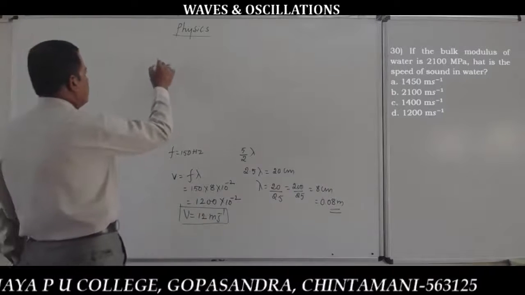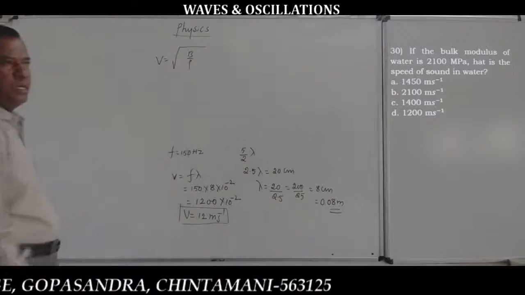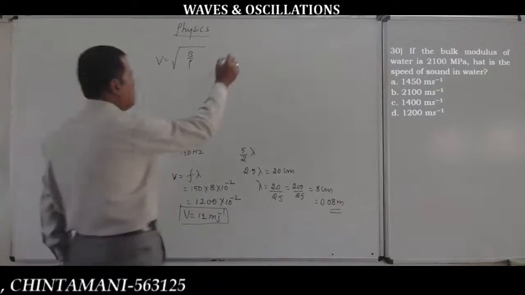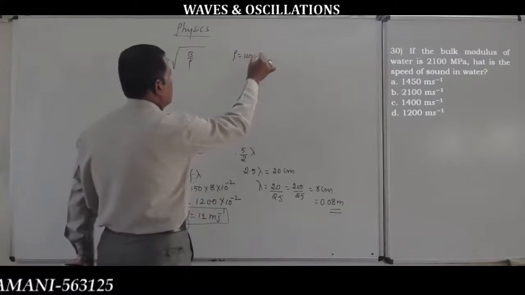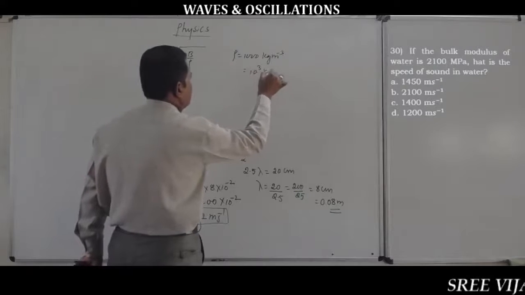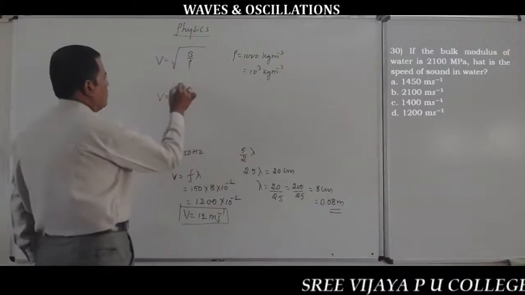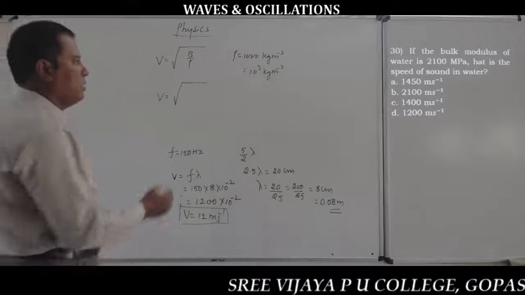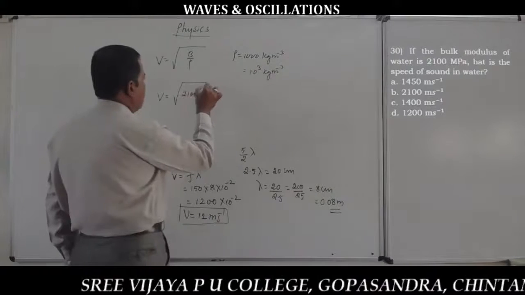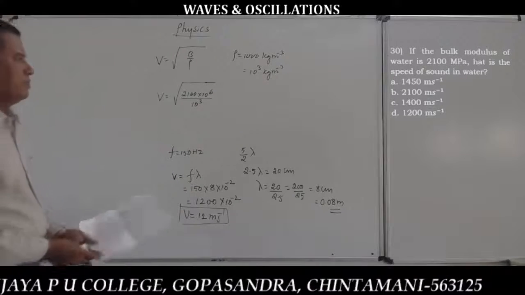So we have the relation V is equal to square root of B by rho, where B is the bulk modulus of water and rho is the density of water. The density of water is around 1000 kg per meter cube, that is 10 power 3 kg per meter cube. V is equal to square root of 2100 into 10 power 6, divided by density 10 power 3.